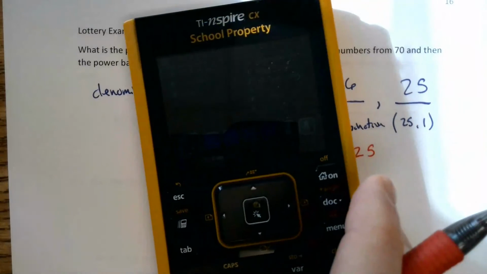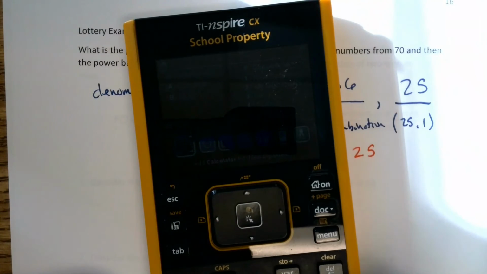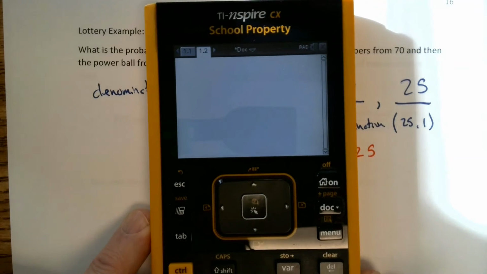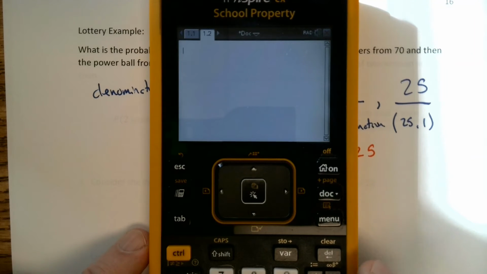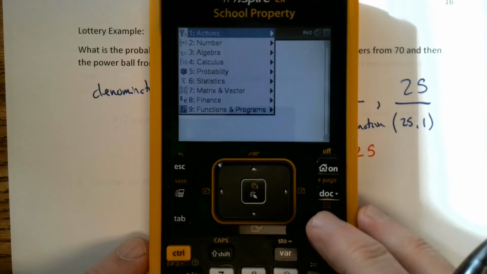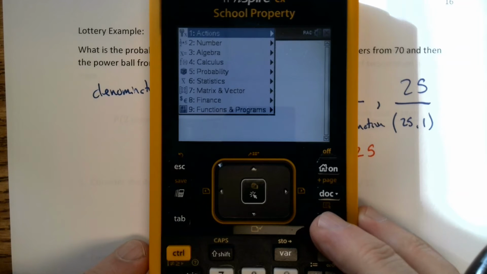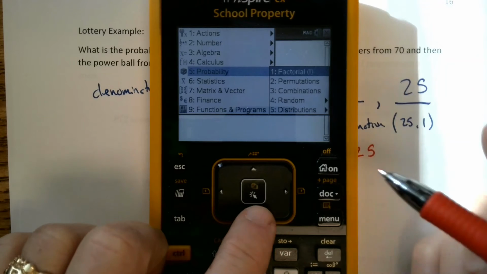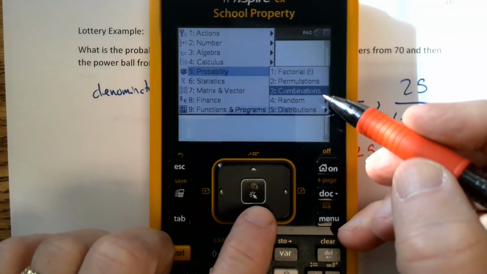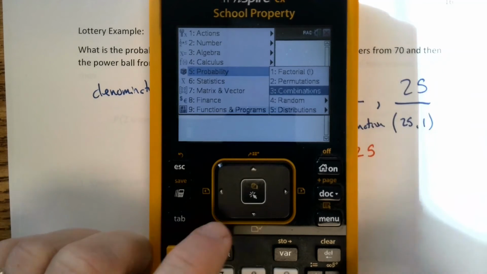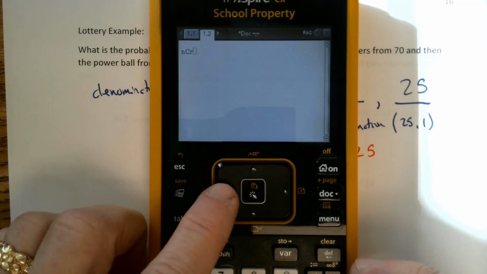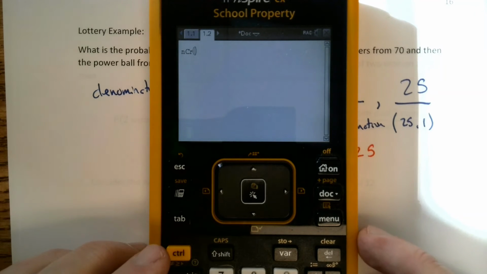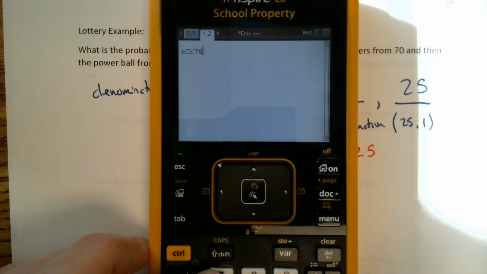Did you know that in your calculators, see if I can find it, menu, come down to probability, and right there is combinations. Wow. And then you just put in, oh, no, not permutation. Don't do permutations, 70, comma, which I don't know where the comma is.